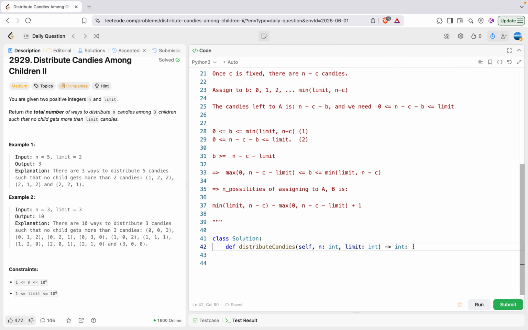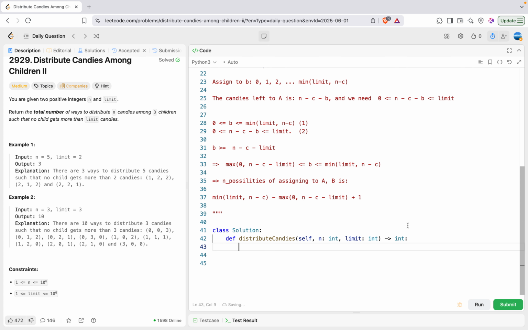I'm going to solve it using a for loop. We have a result variable, and then for C in range of the minimum of limit and n. Because we want to include this one, we write a plus 1 here, since the range stops right before this number. If we add 1, the largest will be this number.